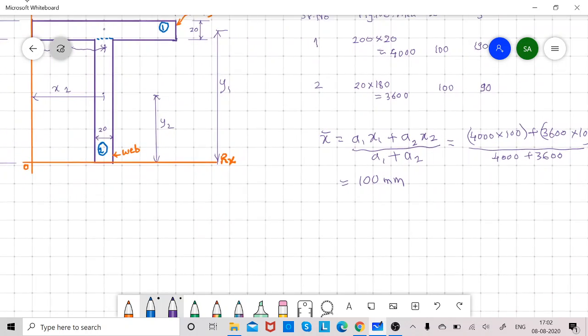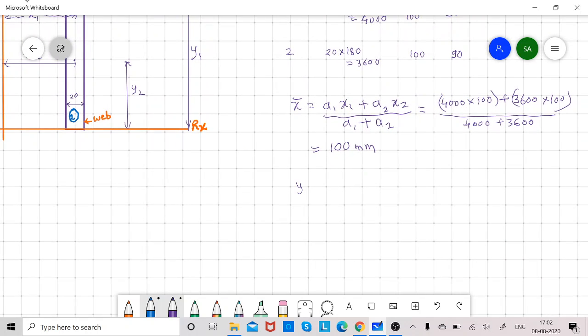Then y bar. For y bar, the formula is a1 y1 plus a2 y2 upon a1 plus a2.